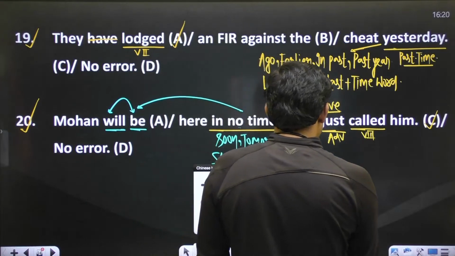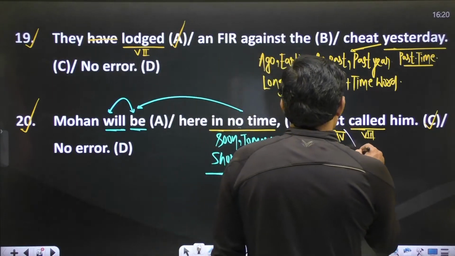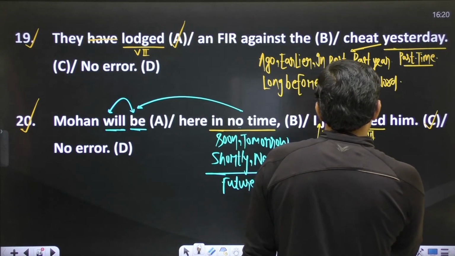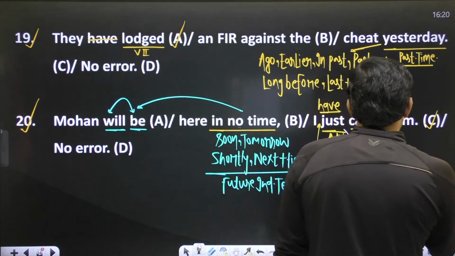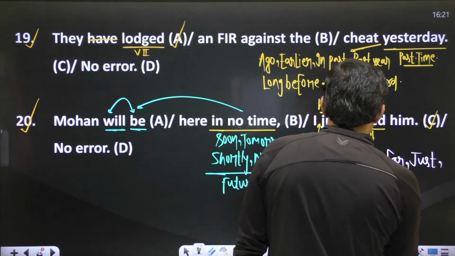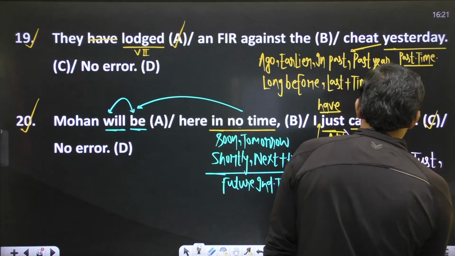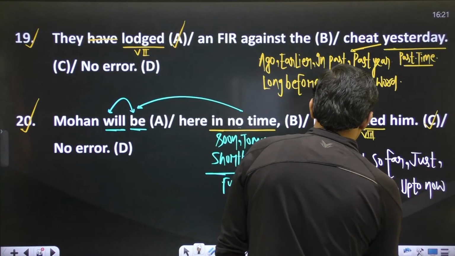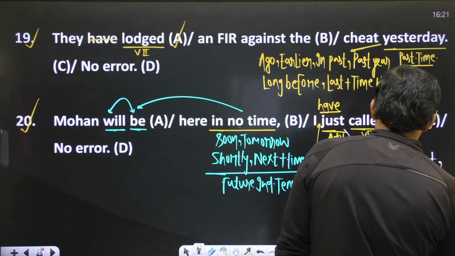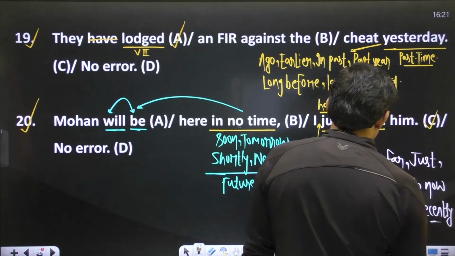Okay, what are the different words which demand present perfect? If you want to know, make sure that apart from just, you have different words like yet, so far, just now, up to now, up till now, lately, recently.